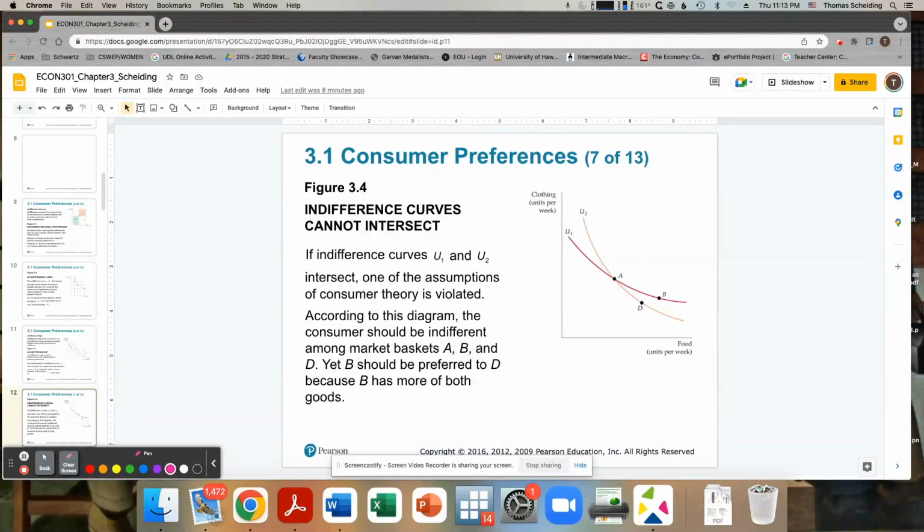By transitivity, we would have said B is indifferent to D, but it's not because B, by the very nature of more is always better, has more of both goods than D. So B must be preferred to D, yet the logic would have said that they should be indifferent to each other. And so, for that reason alone, indifference curves cannot intersect one another.